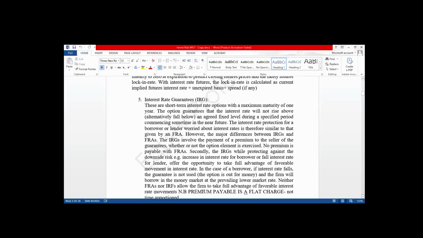The option guarantees that the interest rate will not rise above or fall below an agreed fixed level. The interest rate guarantees are options, and this involves payment of premium.